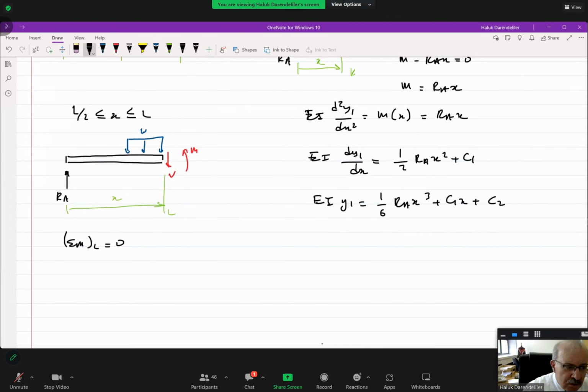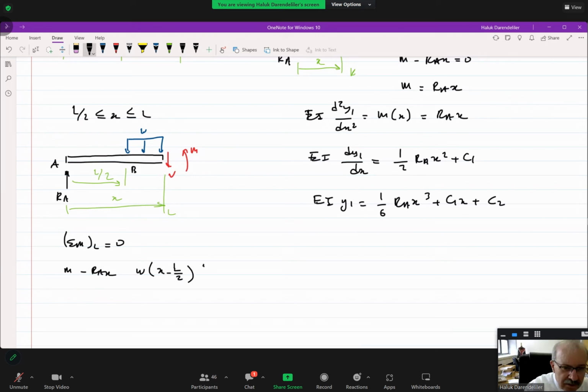From here, as you clearly see, we have moment M minus RA times X, the moment created by A. We have distributed loading over there, and this distributed loading is L over 2 away from point A. This is A, this is B. So we can say that W multiplied with X minus L over 2 is the force.